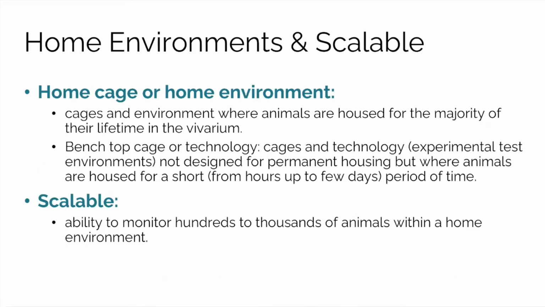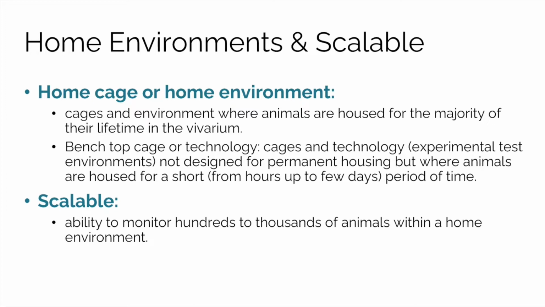So then, how do we define home cage or home environment? That's cages and environment where animals are housed for the majority of their lifetime in a vivarium. Benchtop cage technologies are cages and technology typically used for experimental test environments. They're not designed for permanent housing, but where animals are housed for a short period of time to run these studies.